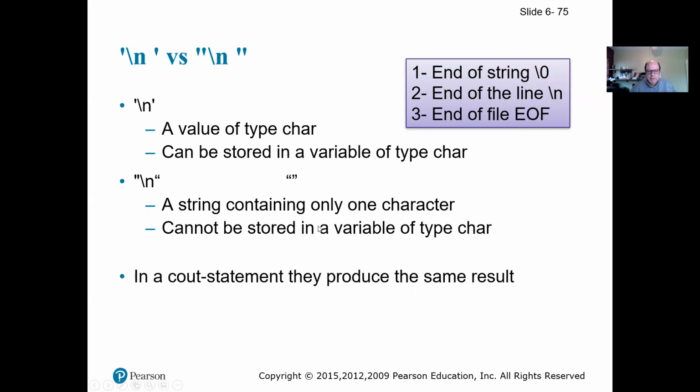So if I print them out, they're going to just print the same thing, basically go to the next line. It wouldn't make any difference between these two, but in reality, they are different.